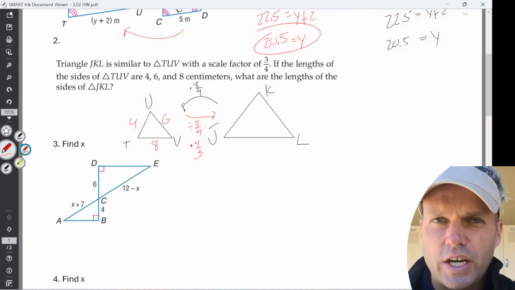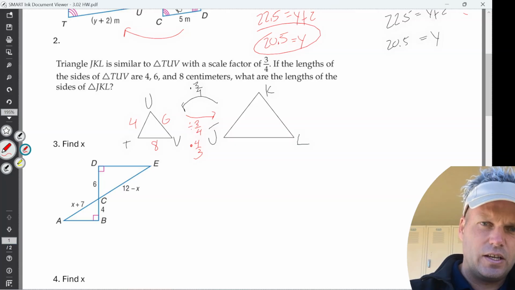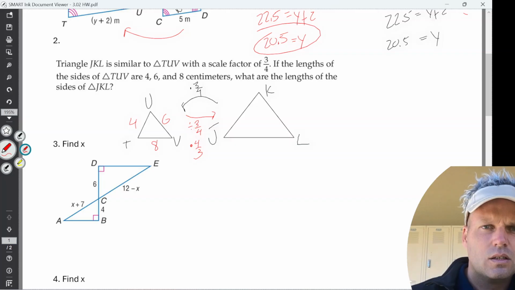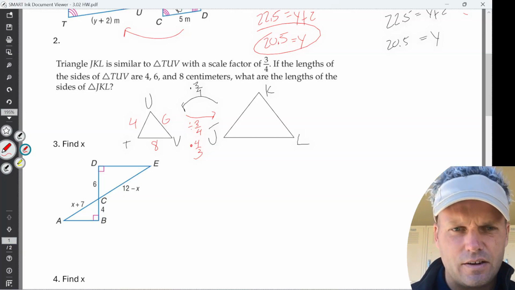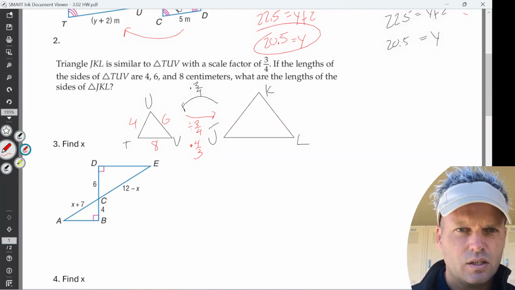I can see you reading this question a little bit differently and coming up with a different idea, like actually JKL. I read JKL as the smaller one, but I don't know. It's a little bit trickily worded. I don't love this question honestly.